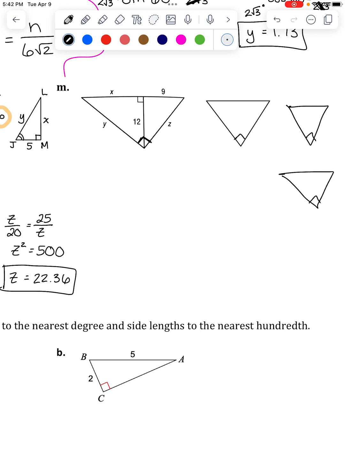I ran myself out of room. There's 3. There's no letters on this one, so I'm going to add some letters. I'll call that A, I'll call that B, I'll call that C, I'll call that D. A, C, B, single marked, double marked, single marked, double marked.